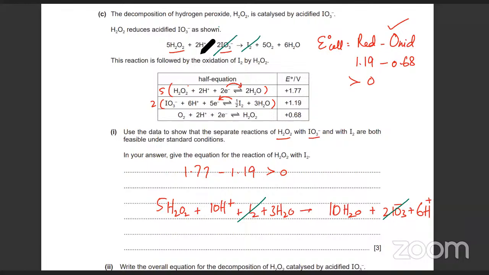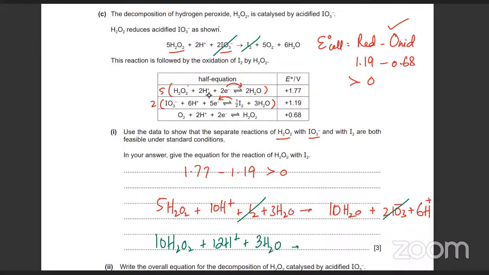You got 5 and 5, so adding up, that's 10 H2O2s. And I've got 10 plus 2 H plus 1, that's 12 H plus 1 ions. I got 3 H2Os as well.